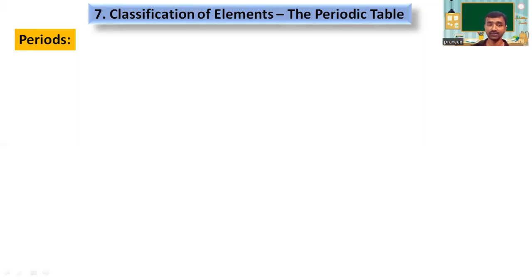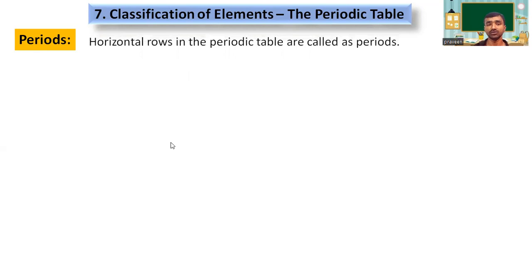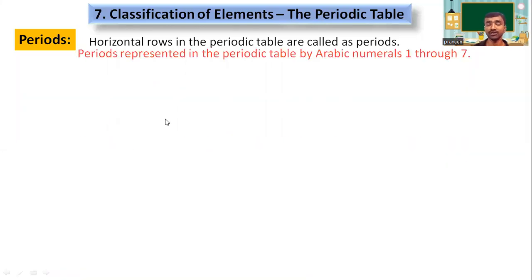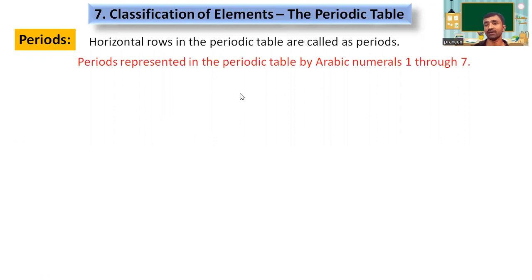Then, giving a number to periods: the horizontal rows are assigned Arabic numerals 1 to 7.